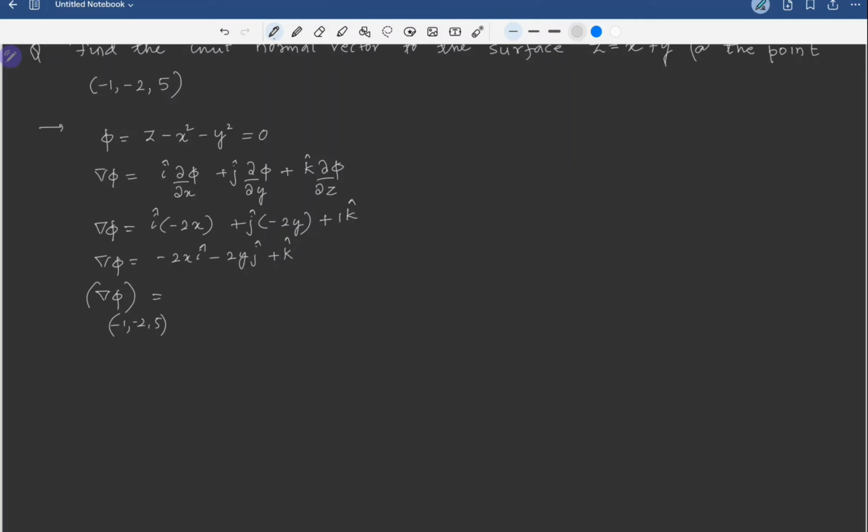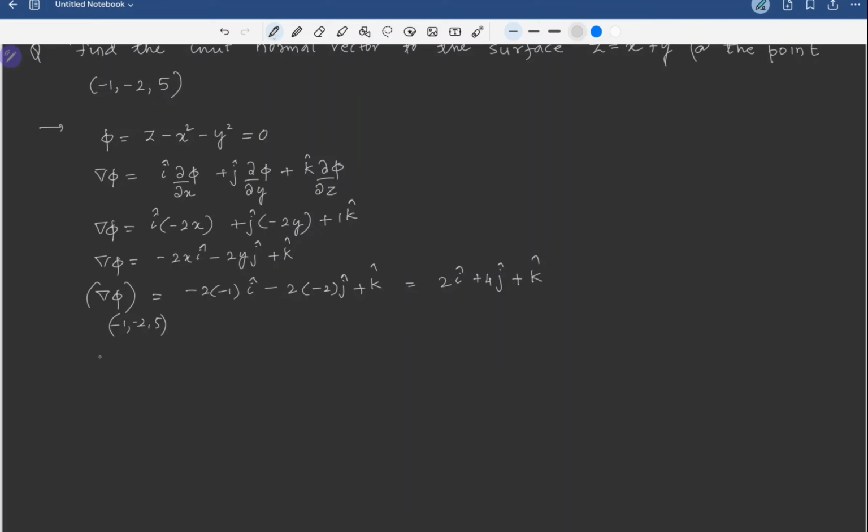If we substitute the values, we get -2 into -1 i cap minus 2 into -2 j cap plus k cap. This is 2 i cap plus 4 j cap plus k cap.